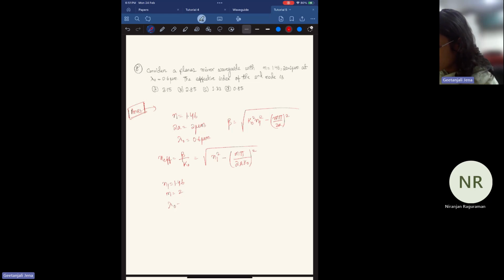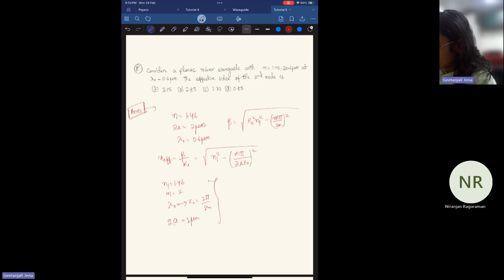Lambda 0 is given, so you can calculate k0 from it, which is 2 pi over lambda 0, and 2a is 1 micrometer, so a will be, let us say, 0.5 micrometer.